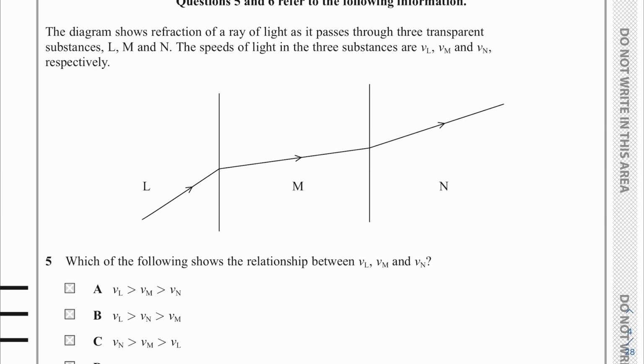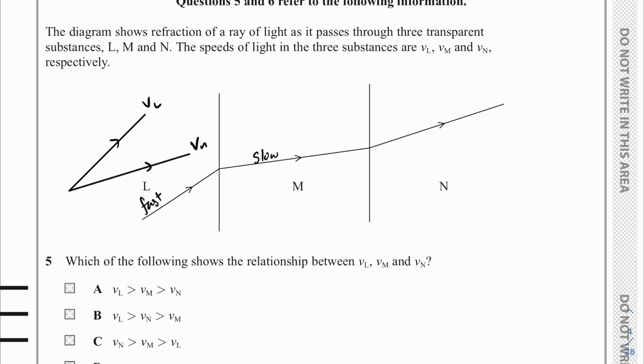We just described it. We said that this one is fast, this is slow, and you can see that this slope is steeper than the slope over here. So I'm going to compare them side by side. You can clearly see that this slope is VN, this is VL, just the slope of the light.